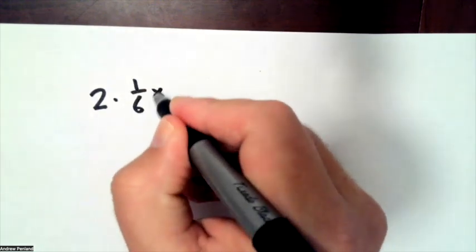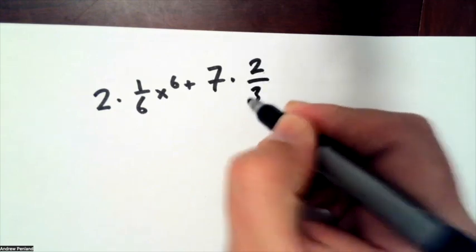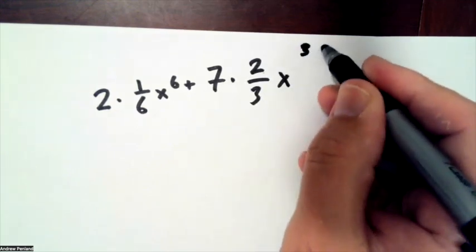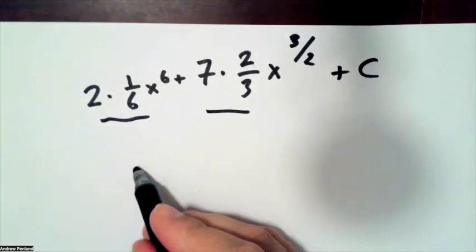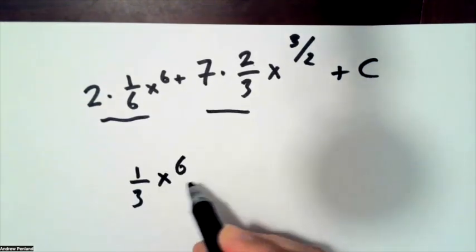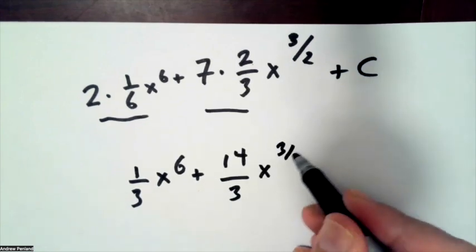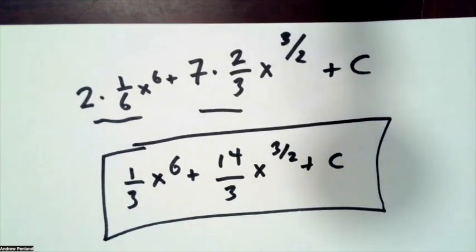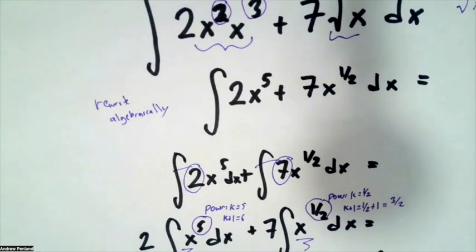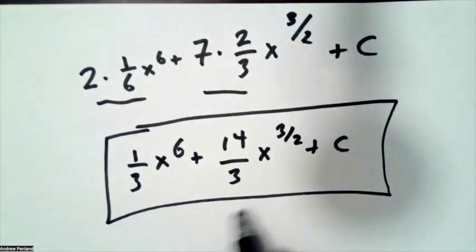And I can combine these and get 1/3 x to the 6th plus 14/3 x to the 3/2 plus c. And this is the most simplified version I could come up with. It's algebraically equivalent to this, but it's good to go all the way and get to this final piece.